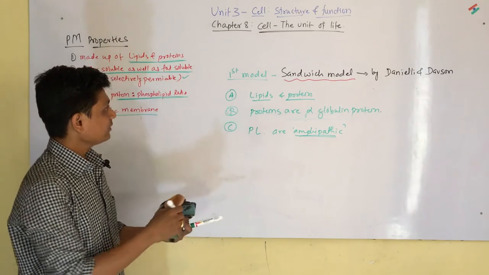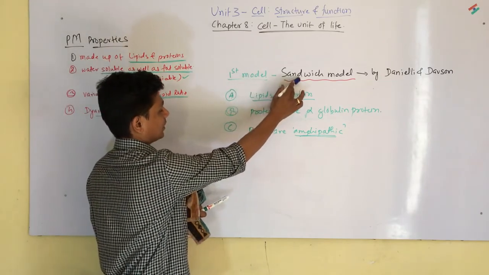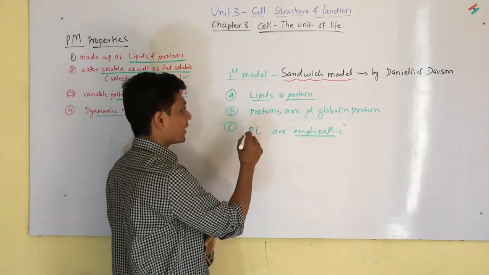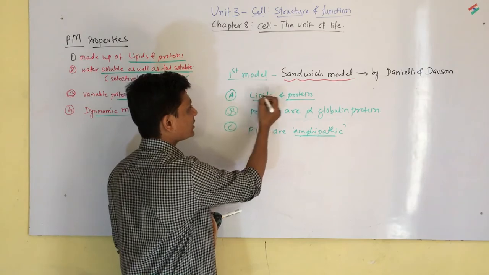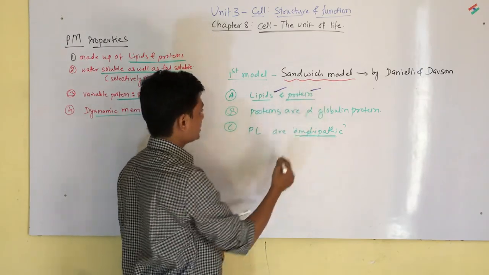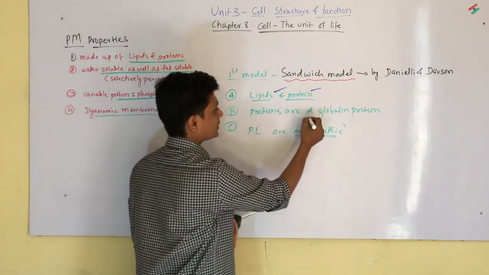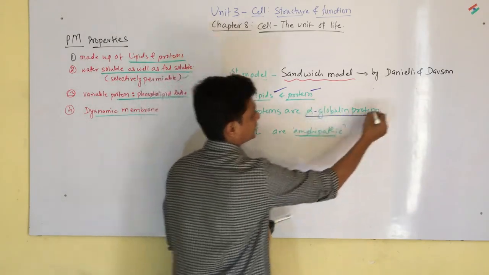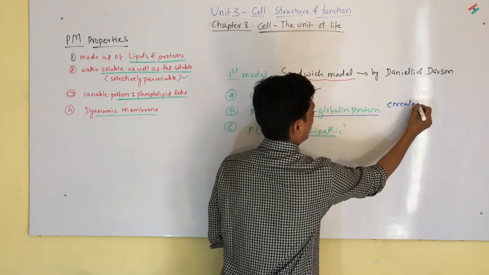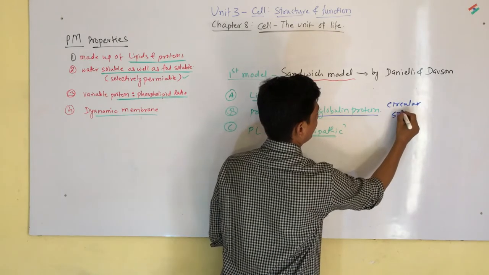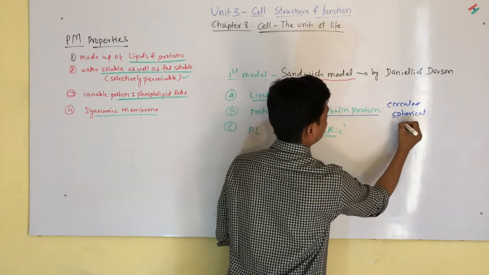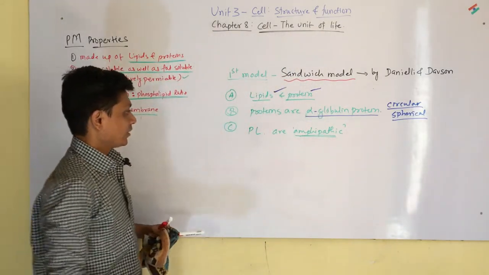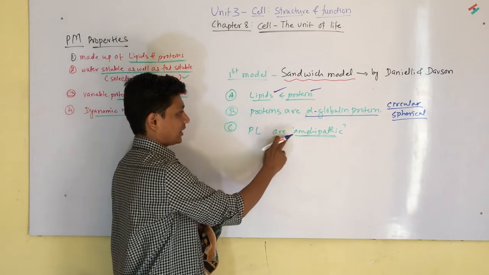So according to the sandwich model given by Danielli and Davson, the first point is that the plasma membrane is made up of lipids and proteins. Second, proteins are alpha globulin proteins, which means they are circular or somewhat spherical in shape. Phospholipids are amphipathic.